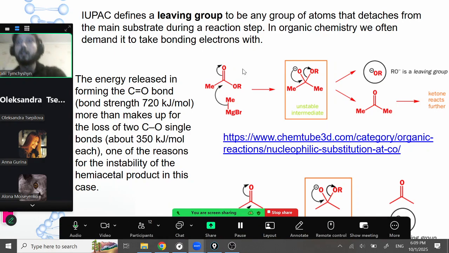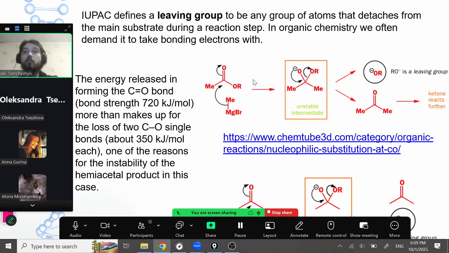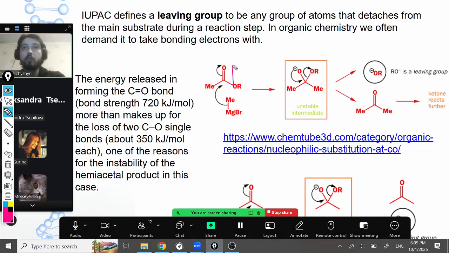a substitution reaction that we have at the carbonyl carbon atom. So this is a carbonyl group. And what do we know about the carbonyl group? We know that oxygen is electronegative. So if you have a carbon atom connected to the oxygen, we can draw it this way.